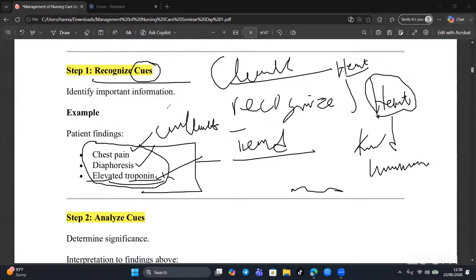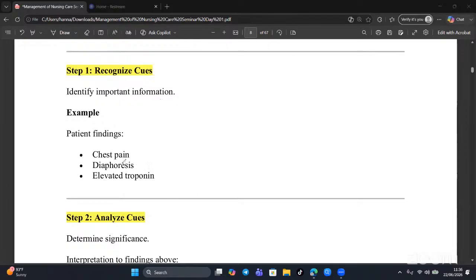That is why the nurse is supposed to do the initial assessment. You can't give the assessment to any LPN or any UAP, healthcare assistant, to do it for you.